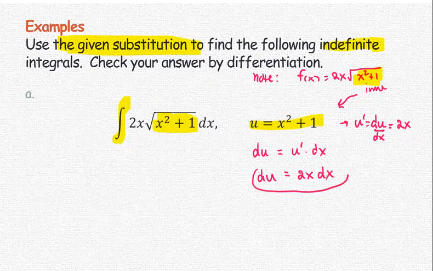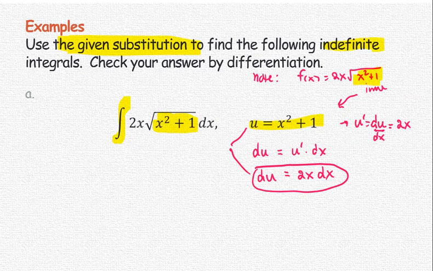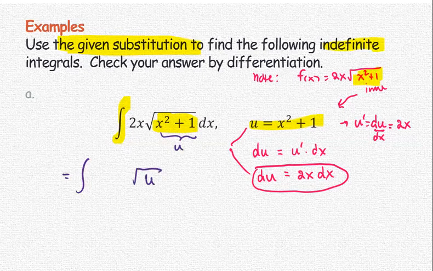So this is step number 2. After that, you're going to replace u and du into the expression, or the main part of the problem. Now the radical here, the x squared plus 1, is replaced with u. So I'm going to have the square root of u, right?